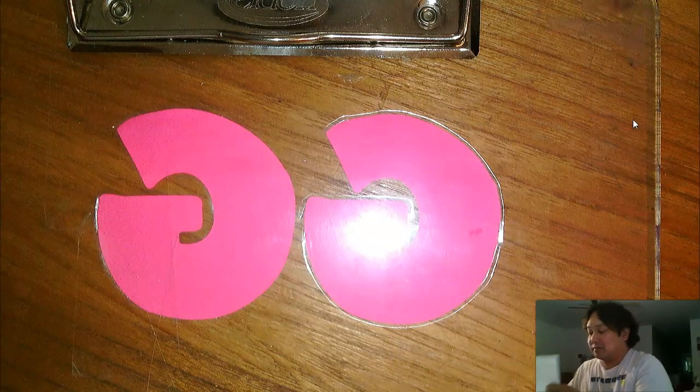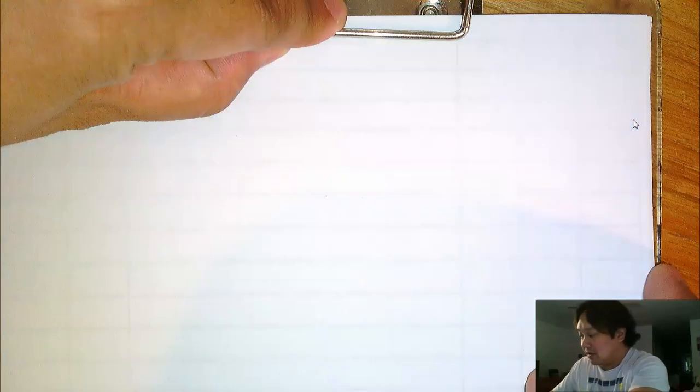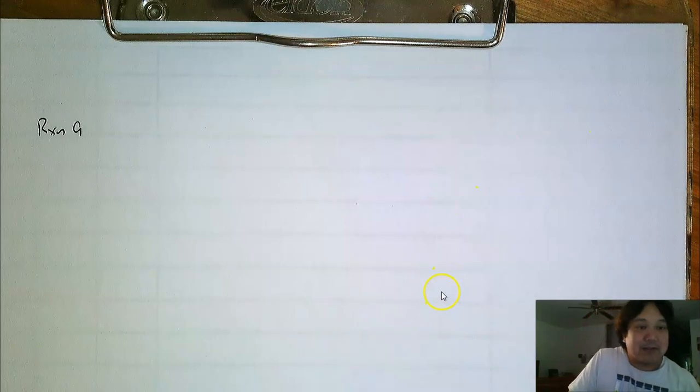Reactions. First one is going to be reaction 9. It looks like, what was it? 9. A, B, C, D, E. 9E.